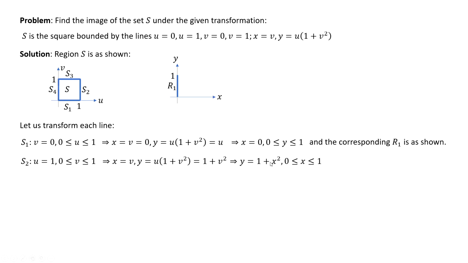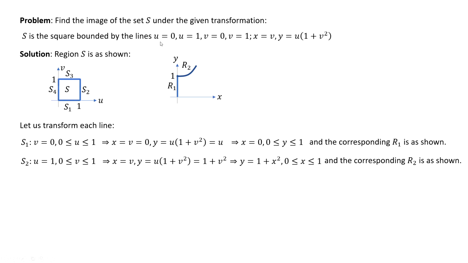So y equals 1 plus x square is just a parabola that is scooted up from 0, 0. The vertex would be at 0, 1, right? And the restrictions on x are that x lies between 0 and 1. So that's how it looks.